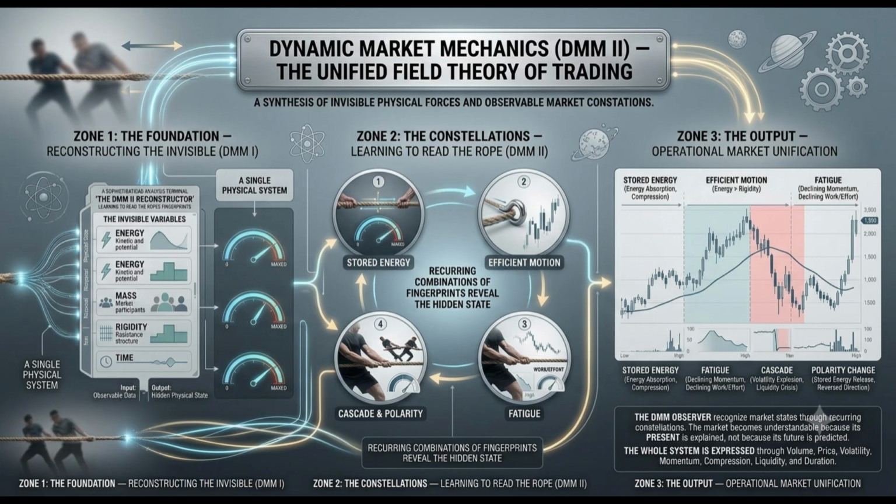Just as an astronomer recognizes a constellation by the relationship between stars, the DMM observer recognizes market states through recurring combinations of observable fingerprints. The market becomes understandable, not because its future is known, but because its present is finally explained.